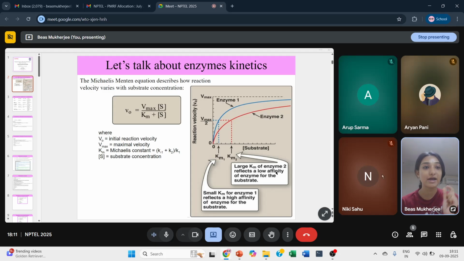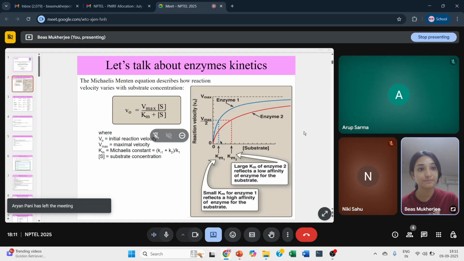Km, you know, is the Michaelis constant and its value is K minus 1 plus K2 divided by K1. So where is all this K minus 1 and K2 and K1 coming from? These are the reaction constants of the enzyme substrate product reaction. Okay, and this is the graph for the Michaelis-Menten curve.